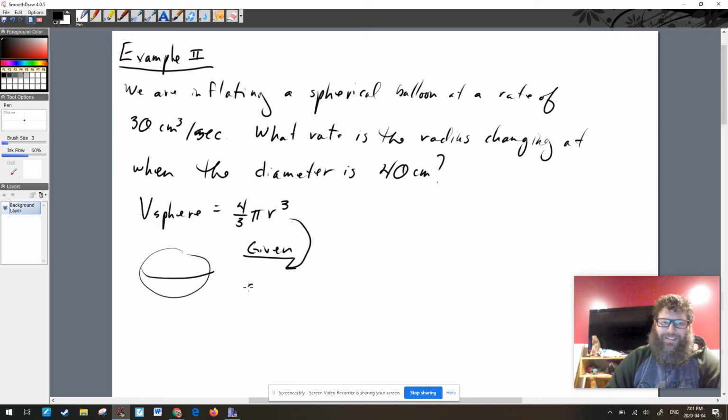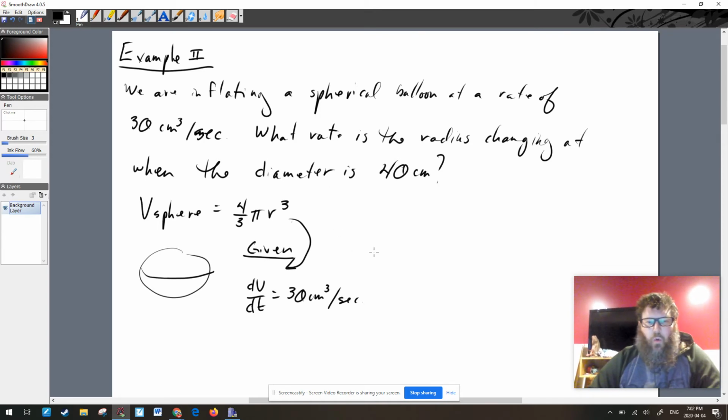And we're given that dV by dt is equal to 30 centimeters cubed per second. Lovely. So are we given anything else? Yeah, we're given a snapshot of 40. So when the diameter is equal to 40 centimeters.